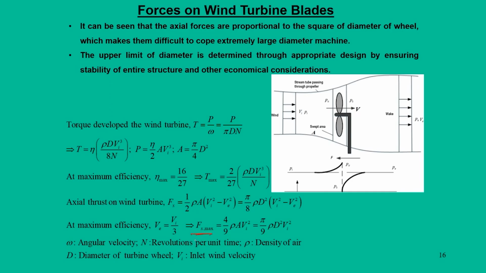That means we need a heavy structure to withstand it and harness this wind power. So, one has to make a balanced design approach: what is the maximum structure that we can install based on the wind speed available at that particular location. For that reason, the upper limit of the diameter is determined through appropriate design by ensuring the stability of the structure and other economic considerations. Of course, the geographical site location is also important.